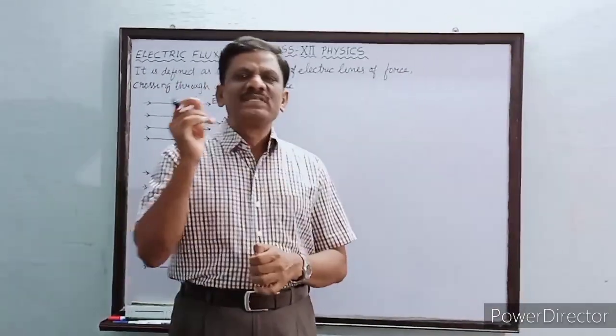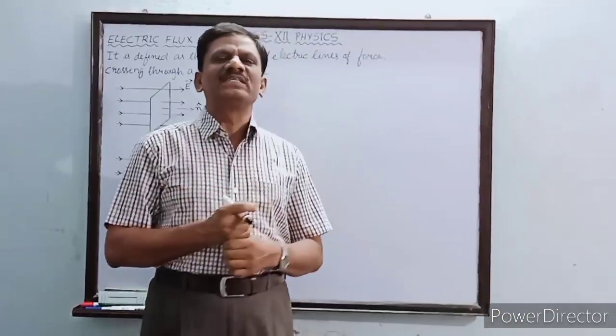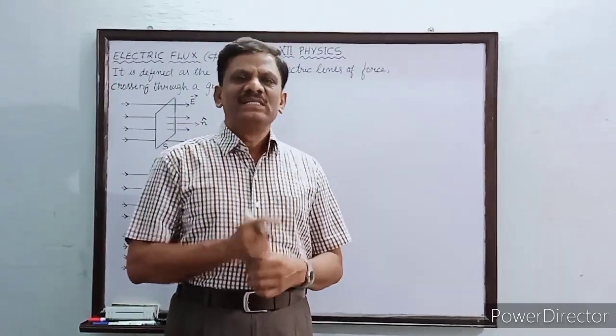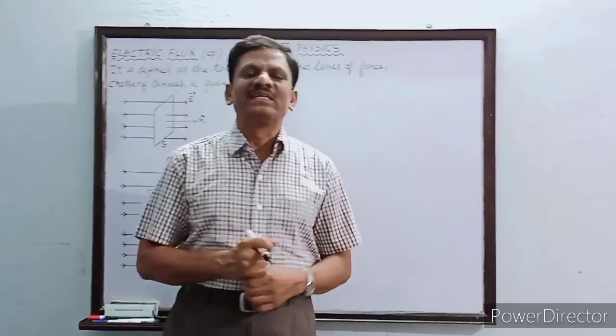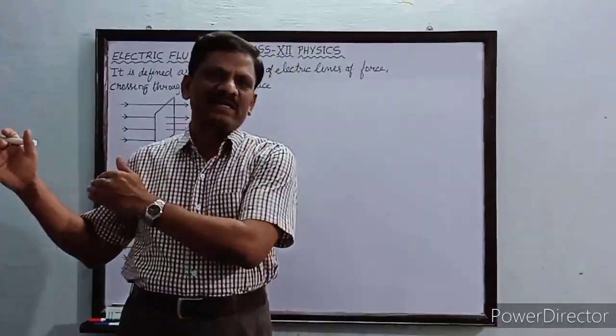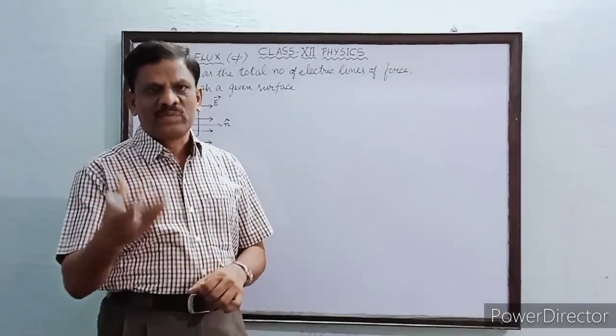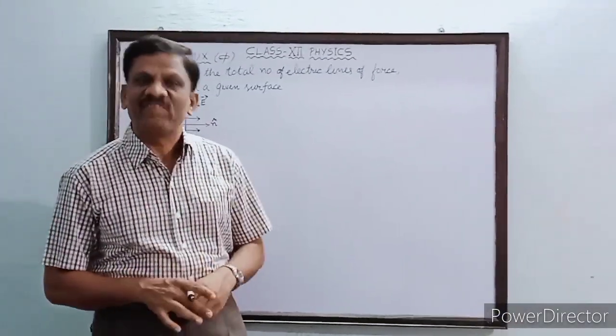If any other unit positive charge is placed in this electric field, then the unit positive charge will tend to move along this straight line. So these lines are called electric lines of force. Otherwise, we also call them electric flux lines.